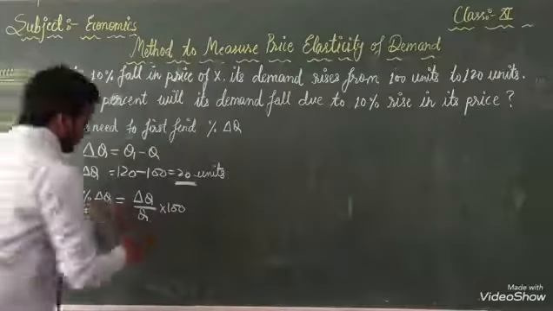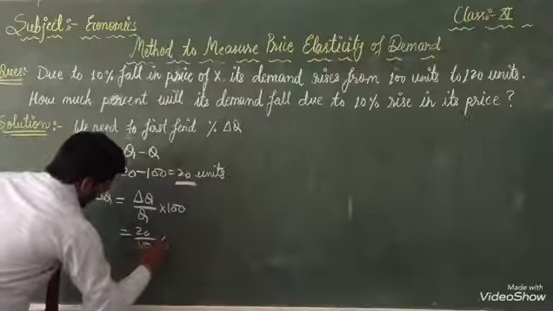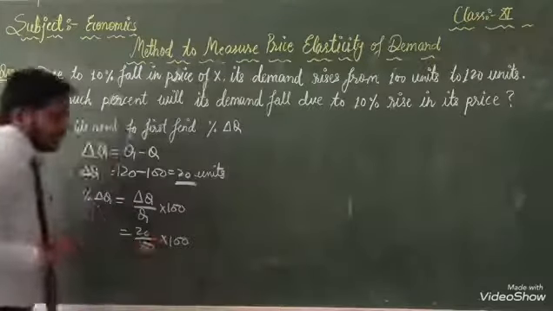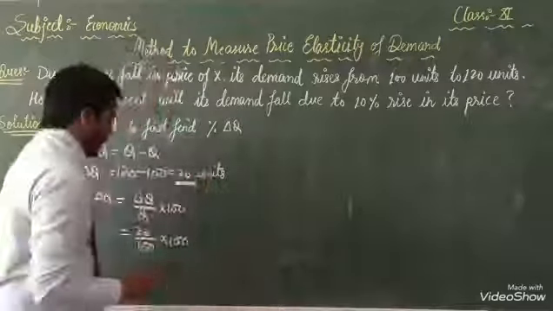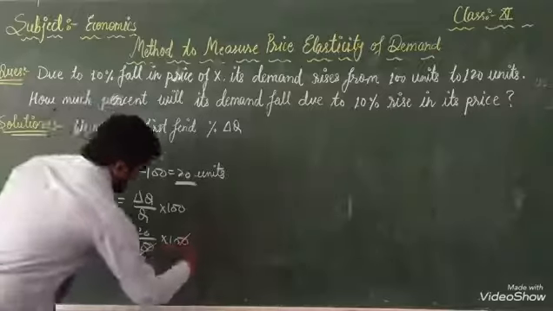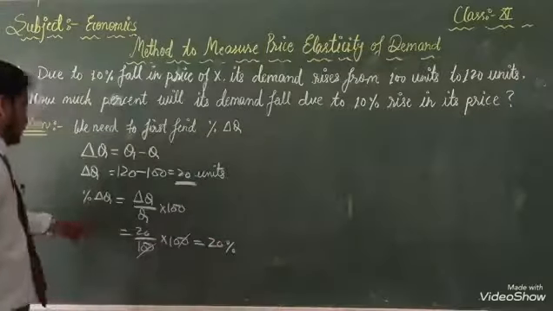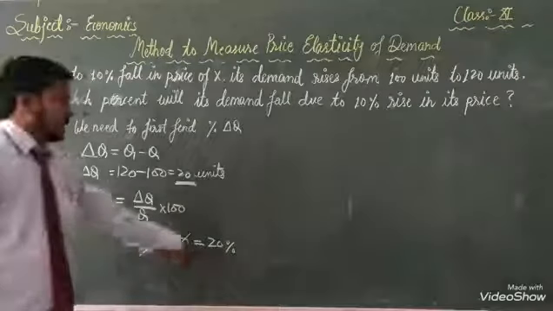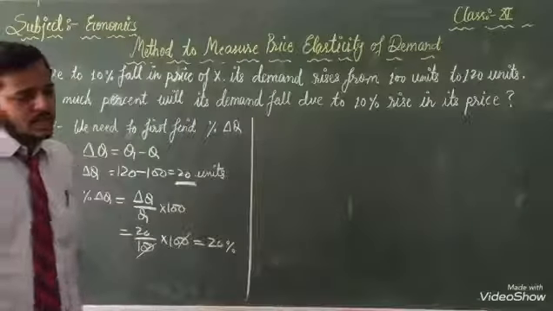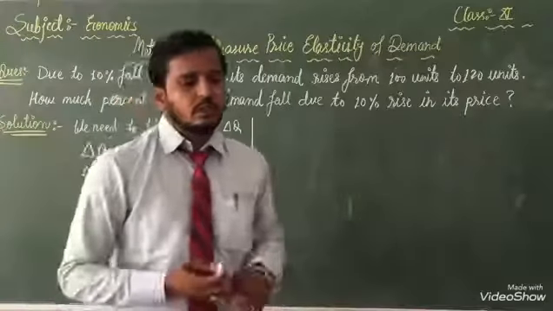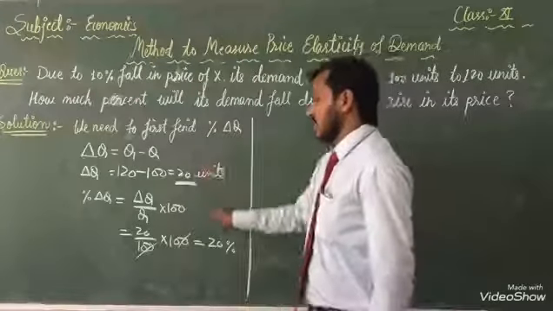Here we put the values: 20 by 100 into 100. With the help of that we calculate here, and we have got 20%. Means how much percentage is getting here? 20%. After that, if the question tells you to calculate price elasticity of demand, then two things we have got.